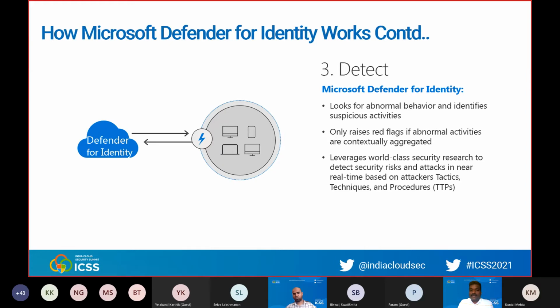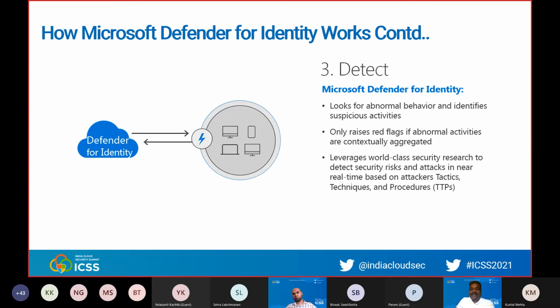And after identifying the behaviors, it raises a red flag. That is when we get very good information in a detailed manner from Microsoft Defender, so that the security administrators have an adequate amount of information to deal with those things.